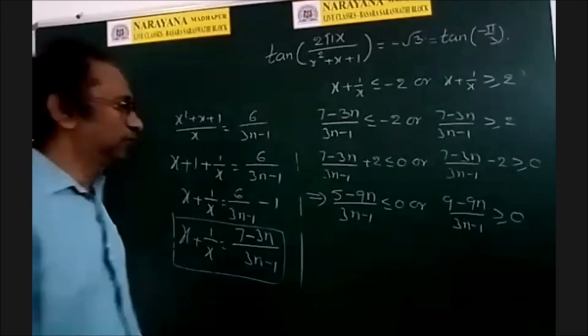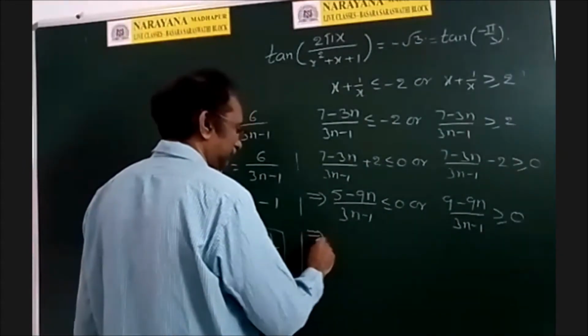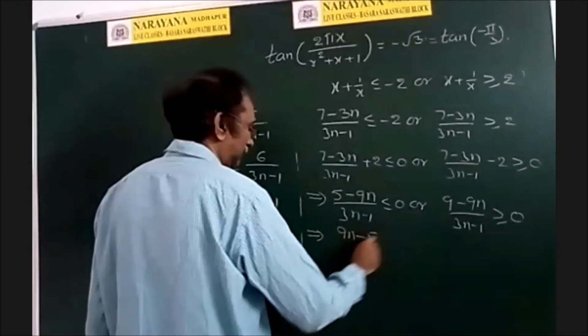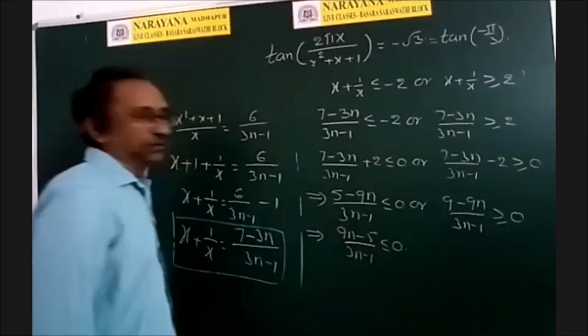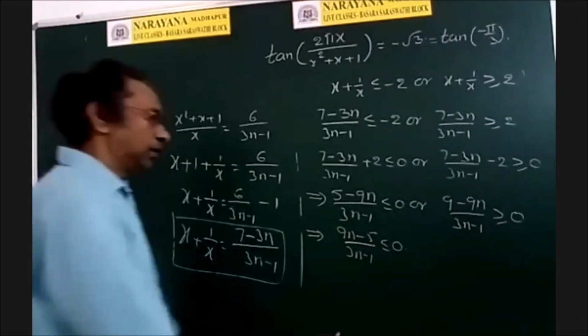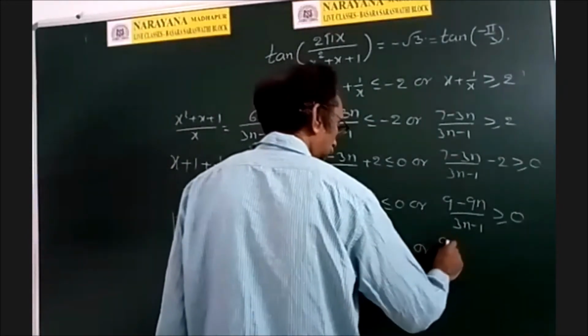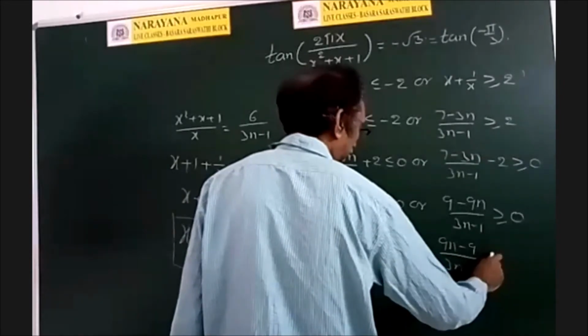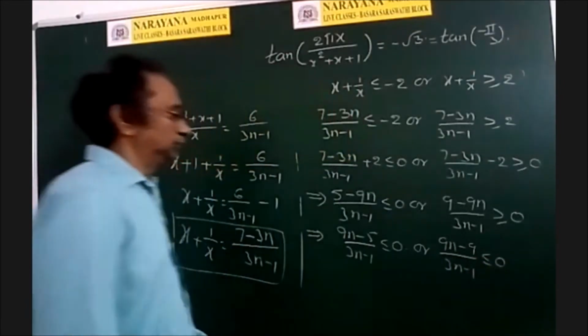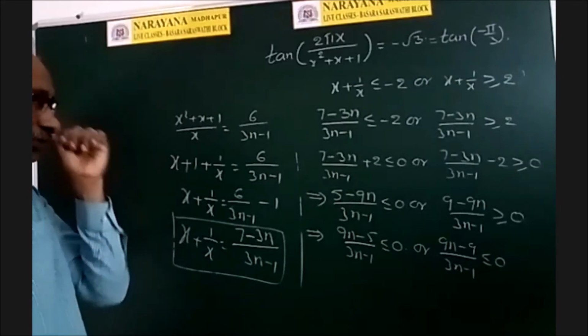Okay, and therefore this implies 9n minus 5 by 3n minus 1 less than or equal to 0, or 9n minus 9 by 3n minus 1 less than or equal to 0. Okay, so see once again.